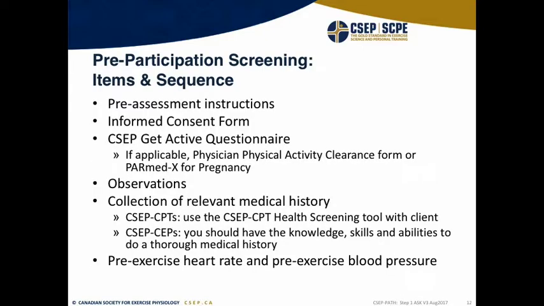In terms of the items and sequence that make up the overall pre-participation screening process, it really isn't different than what was identified in the first edition of the CSEP Physical Activity Training for Health Manual.